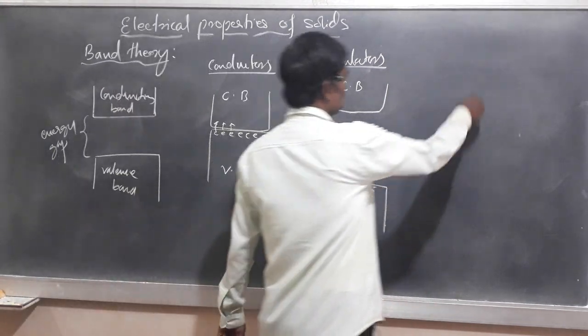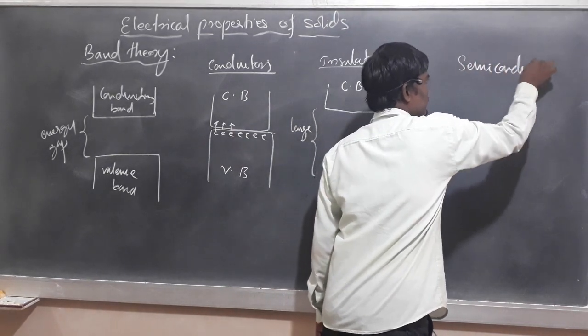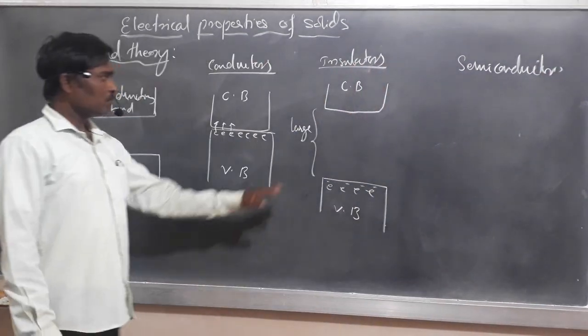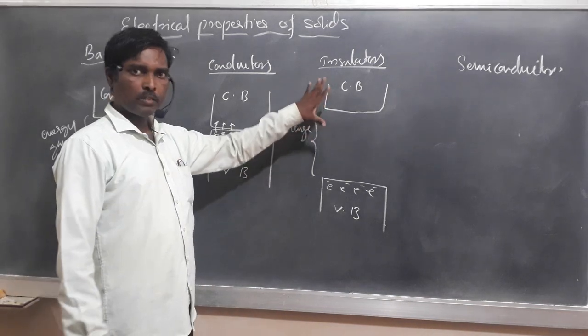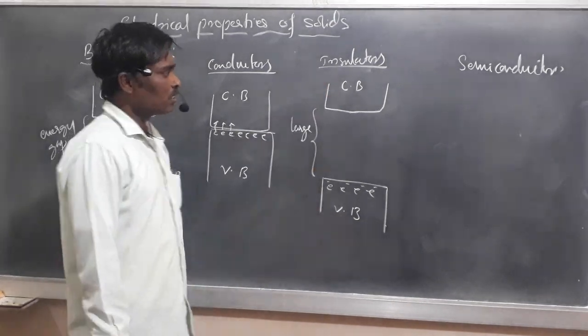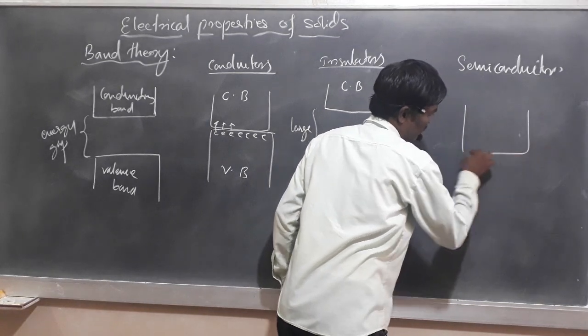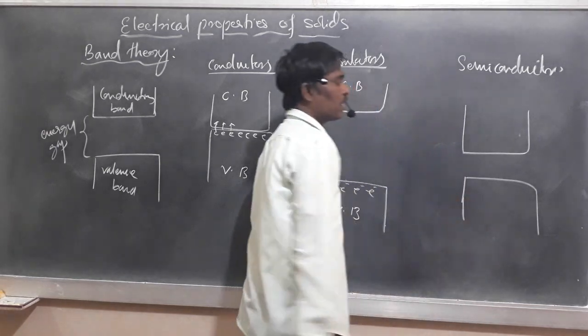Another one is the semiconductors. In semiconductors, the energy gap between the conduction band and the valence band is less. There is a small energy gap between the valence band and the conduction band.